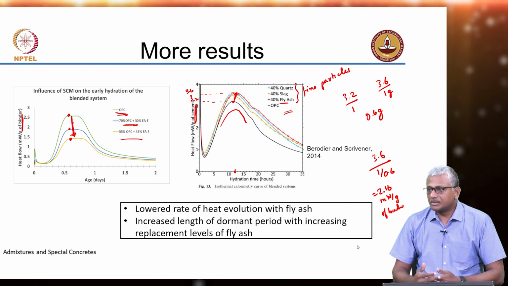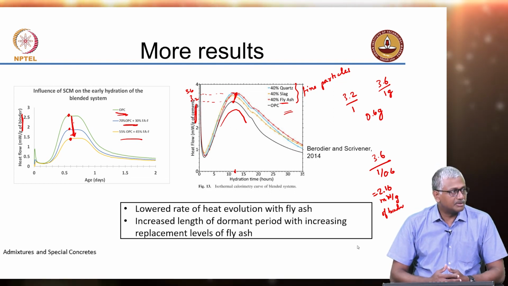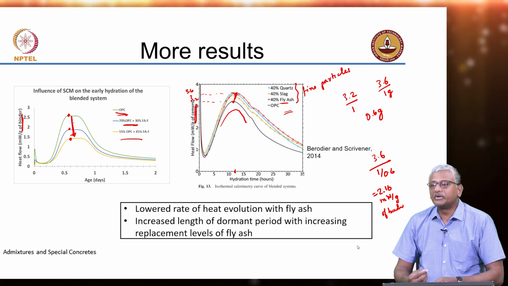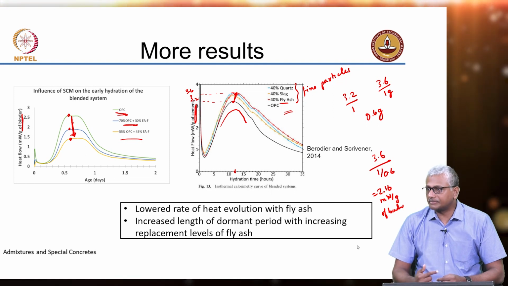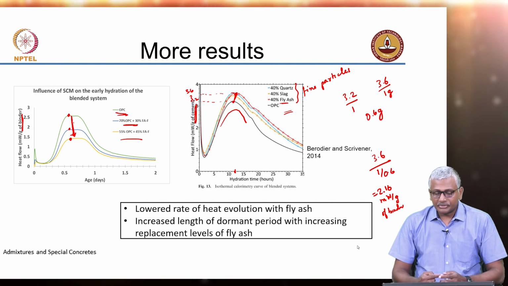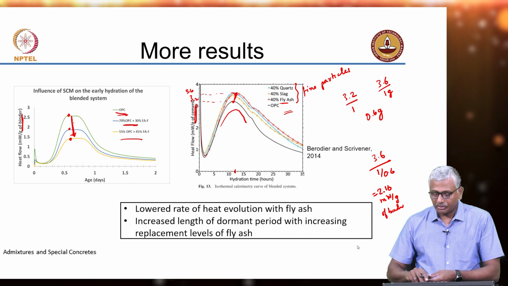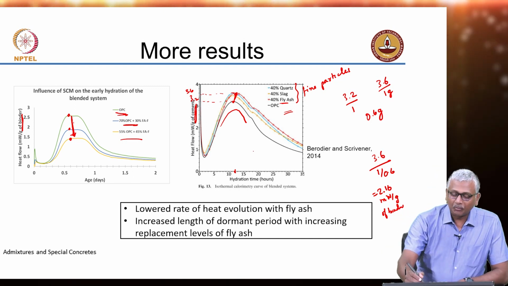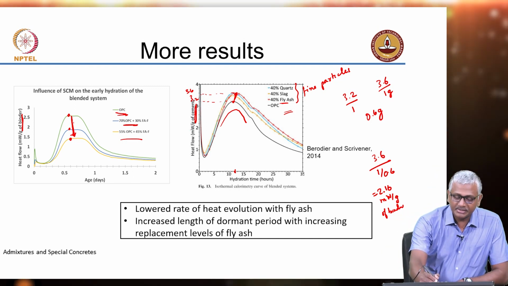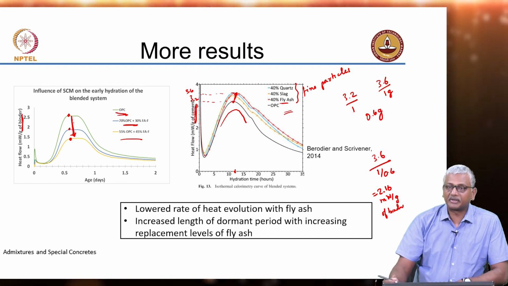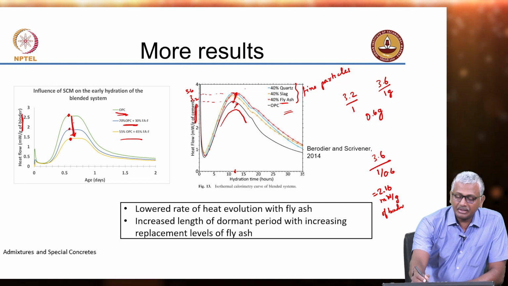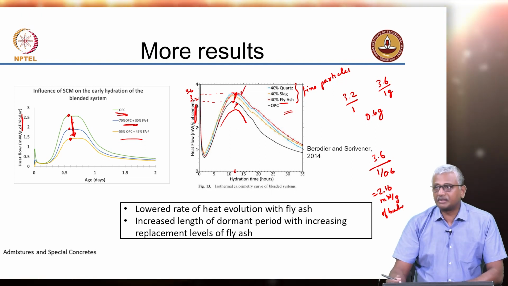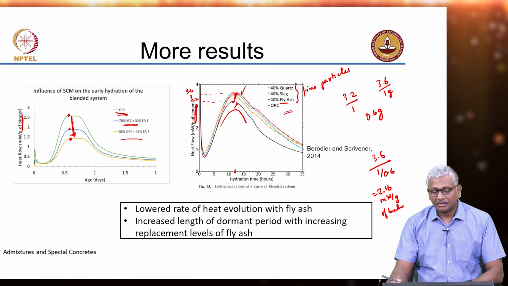But when we present it in terms of heat rate per gram of cement, it gives an indication of how much the cement reaction is getting accelerated because of the presence of the mineral additive, okay? So, in the example that we saw in the last class, what you saw from this picture here is this heat flow is presented in terms of milliwatts per gram of cement, and compared to the OPC mix, the mixes with the mineral additives even at about 40% replacement are still showing much higher numbers, right?